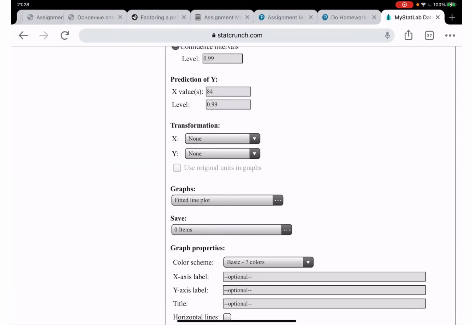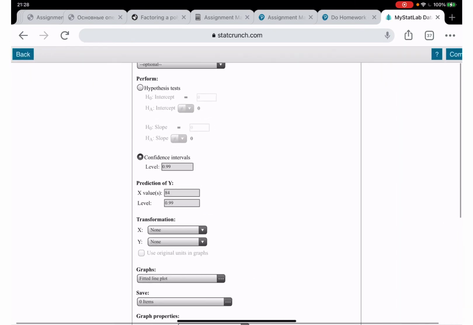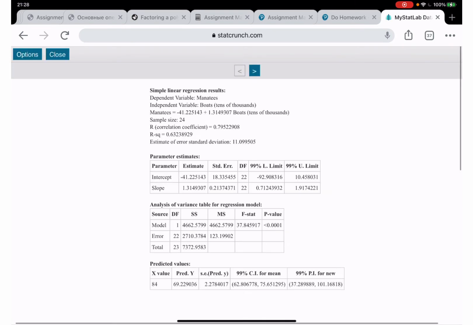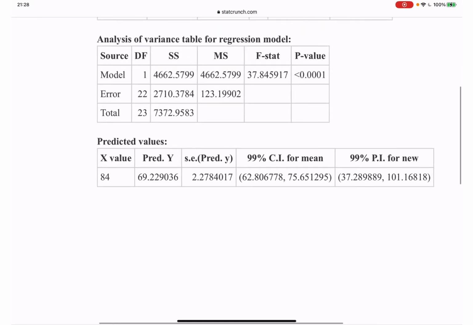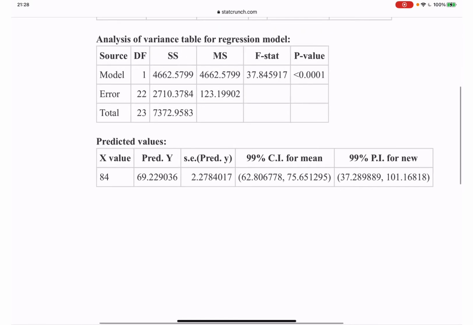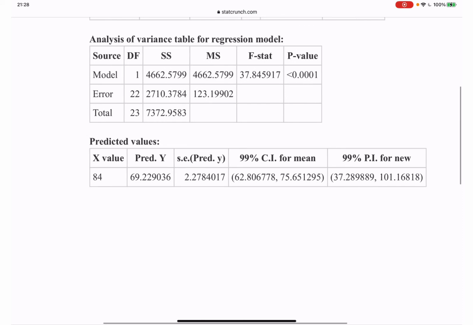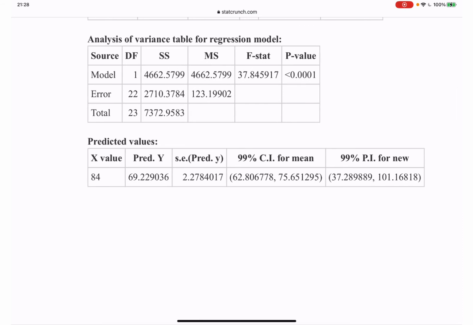Let's click compute. Here is our predicted value. The 99% prediction interval for new is 37.28. Let me write down 37.28.